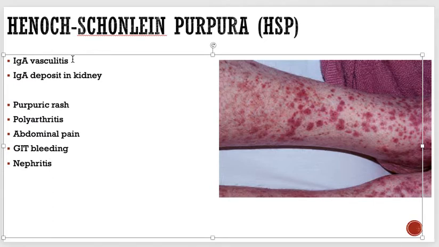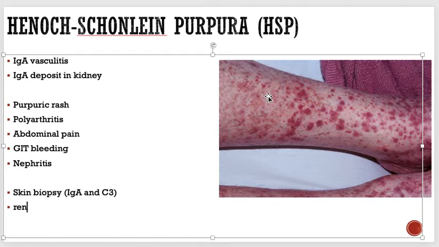So how do we diagnose them? We can go for blood investigations. Most of the time, the diagnosis is clinical. We see the rash and all this stuff, okay, done, it is HSP. But if you want to confirm, you can take a skin biopsy, and you will find IgA depositions and also complement C3.